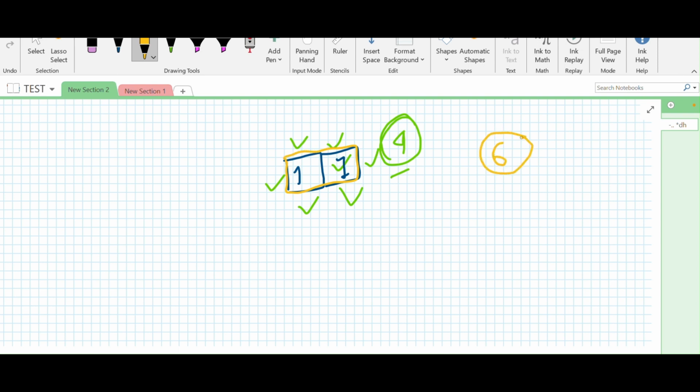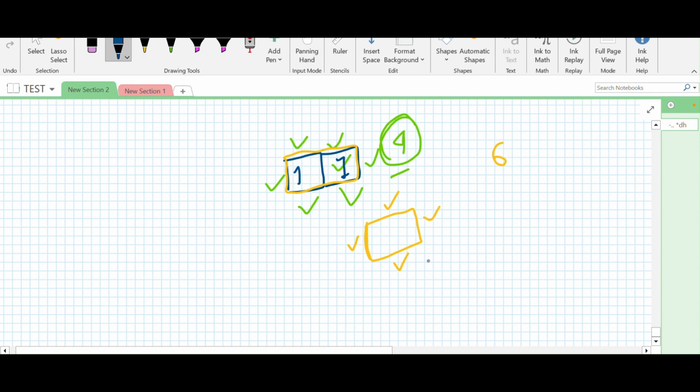But how can we know that the perimeter will be 6? This is simple. If you have one cell and all the sides are covered by water, all sides of my cell are my perimeter, that means 4.